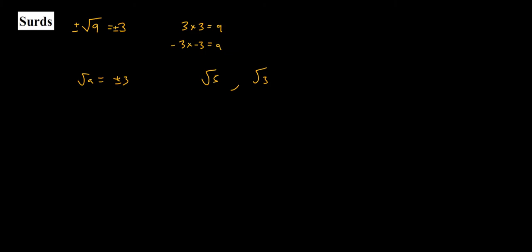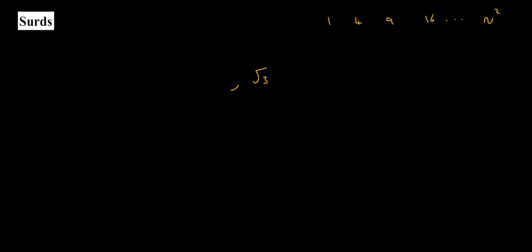And what we mean by a square number is 1, 4, 9, 16, n squared. Okay, so that's a very brief introduction to what a surd is, and let's more formally look at square roots.